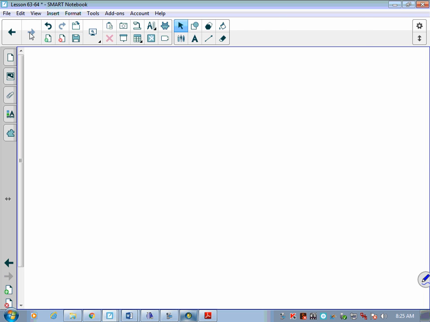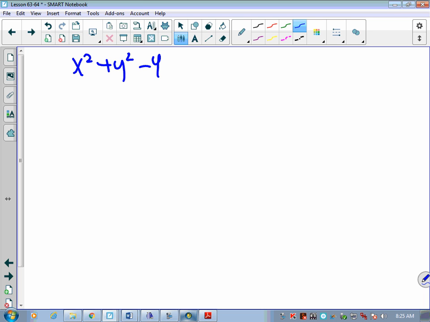Okay, so we're going to take that equation, which right now is x squared plus y squared minus 4x plus 6y plus 9 equals 0. The first thing we're going to do, because this is all plus and minus, is use the commutative property.